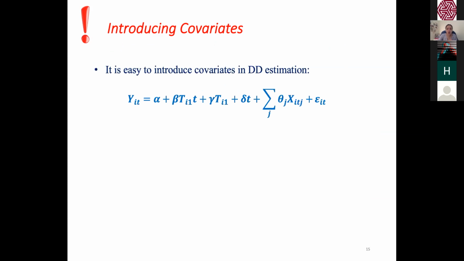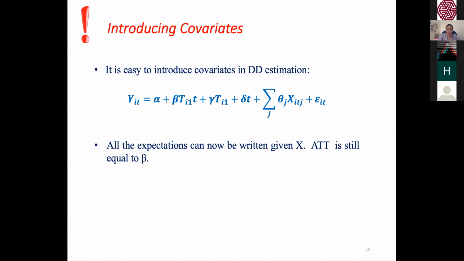So in this case, we will have the same constant term, then the three terms of interest: the interaction, the time dummy, and the treatment dummy. And we'll have a group of explanatory variables: x, i, t, g. So x is, for instance, the age of individual i at period t, x1 for individual i at period t, x2 for individual i at period t, and for all the others.